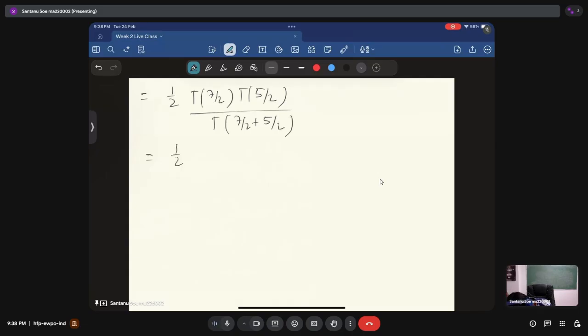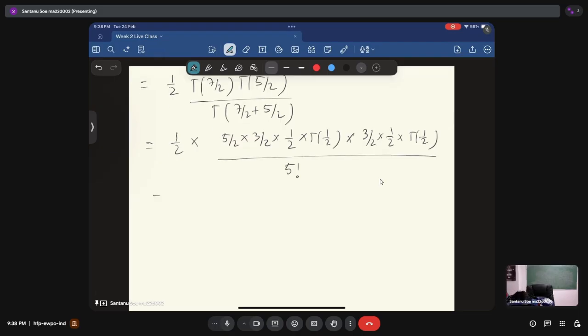So this is half times 5 by 2 into 3 by 2 into 1 by 2 into gamma of half, into 3 by 2 into 1 by 2 into gamma of half, divided by gamma of 6. Now 7 by 2 plus 5 by 2 is 12 by 2, so that is gamma of 6, and gamma of 6 is 5 factorial. So this is going to be 5 factorial.